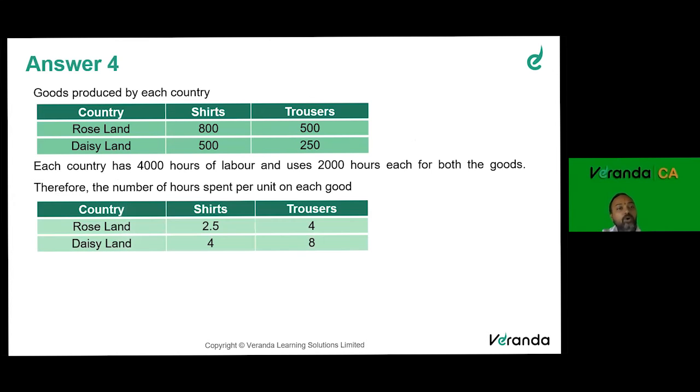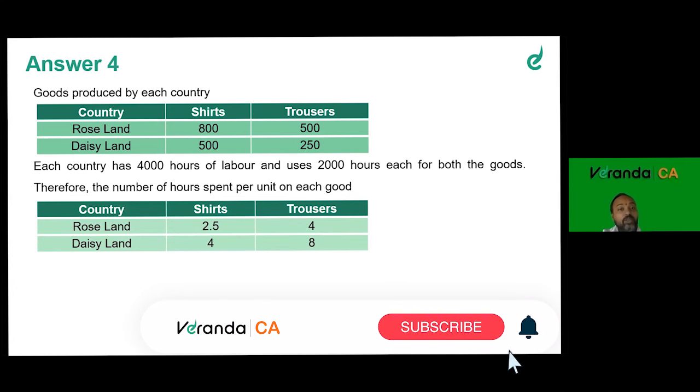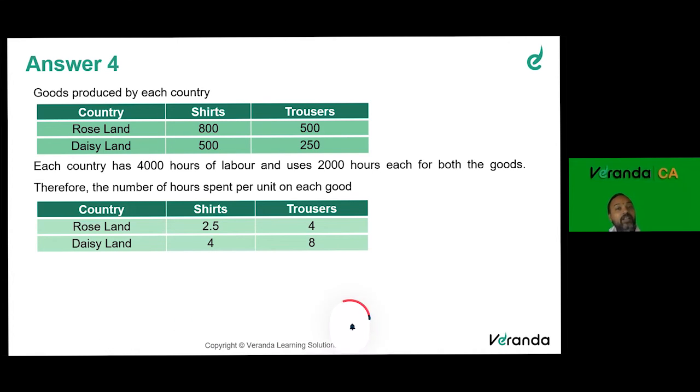Okay, so if you look into the other one, how the number of hours they are spending, so that we can arrive at this. What is the total number of hours which are available? There are 4,000. Each country has 4,000 hours of labor, and they are producing it equally. That is, they are using 2,000 hours for producing shirts and 2,000 hours for producing trousers.